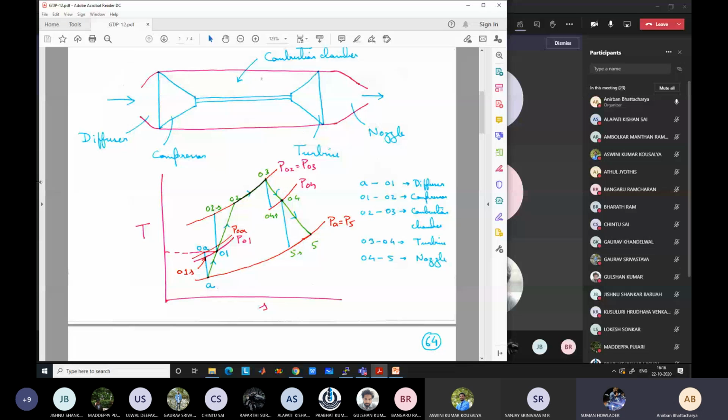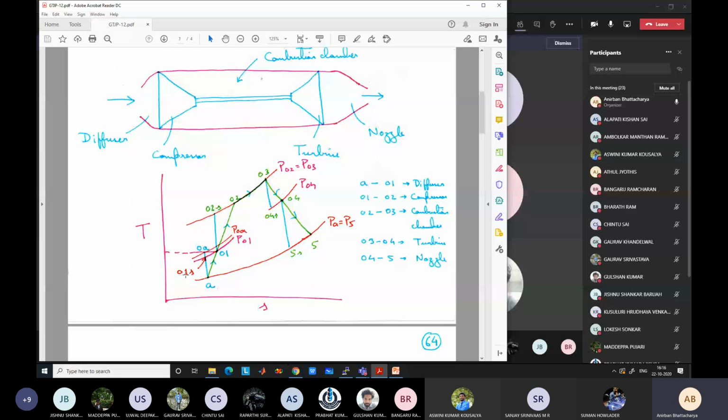You can easily derive this from enthalpy. The first law equation gives us that H0 is equal to HA plus half VA square. From that, this relation comes. This is already known, we have discussed it also for real cycles. So T0A is the stagnation condition corresponding to the static condition A.